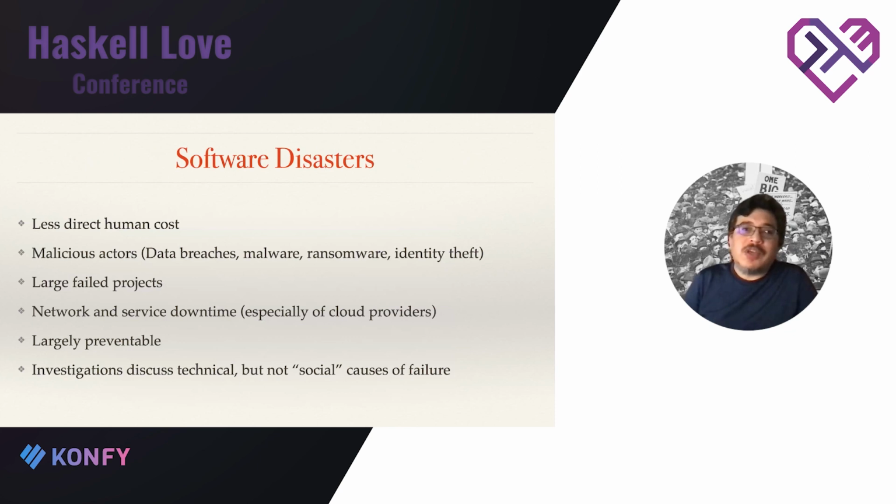So what's the difference between software disasters and what I've just shown you? Well, one is they tend to have less direct human cost, with some exceptions. Another is they're not simply caused by structural failures. There are much more often malicious actors, especially these days, in terms of data breaches, malware, ransomware, and so on. A lot of times what people talk about are simply failed projects, where people devote 2 years of their life and then it just doesn't go anywhere and it stops.